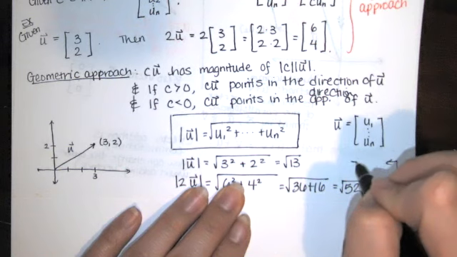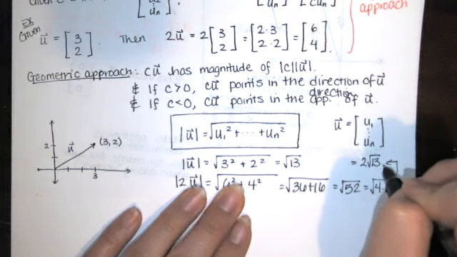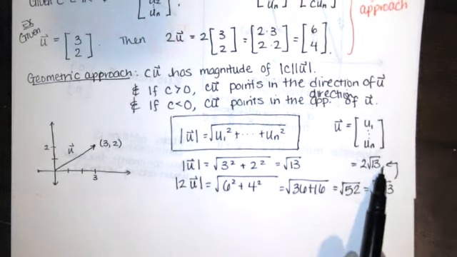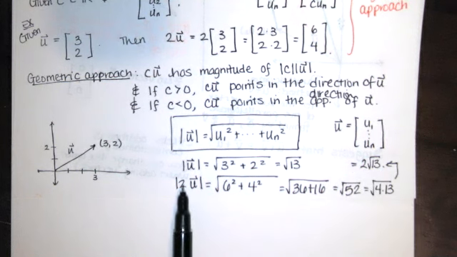And of course, the square root of 4 is 2. So I end up with 2 times the square root of 13, which is the same thing I would have gotten if I just said that's 2 times the magnitude of u. Okay, so that's the magnitude of that.